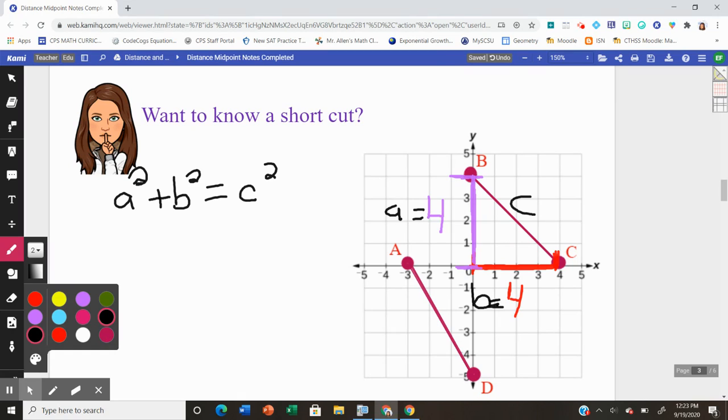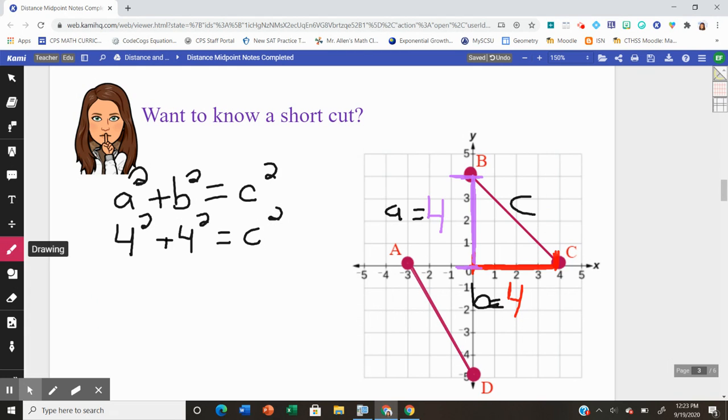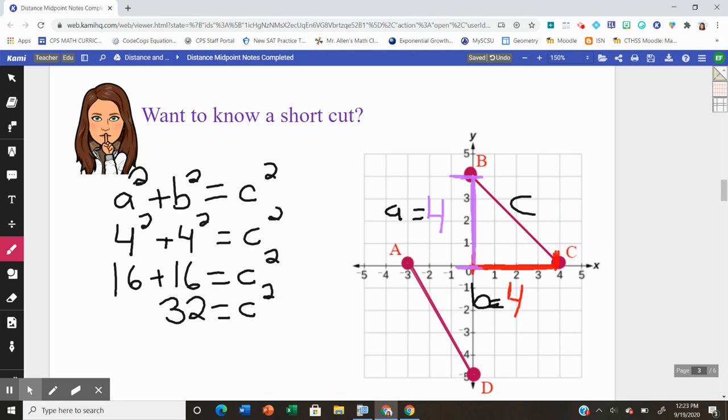All right, so let's plug into the formula. A squared plus b squared equals c squared. 4 squared is 16. 16 and 16 make 32. And the last part, in order to solve for c, the opposite of squaring something is taking the square root.